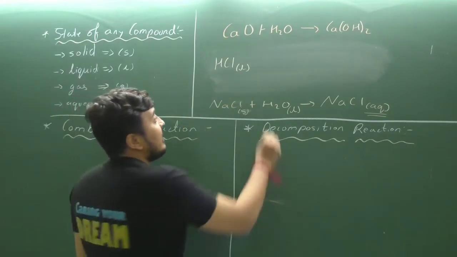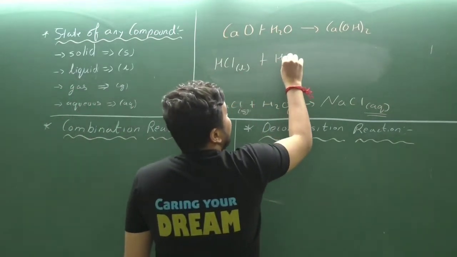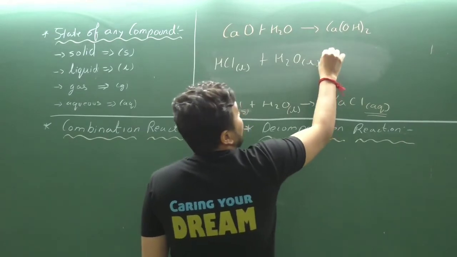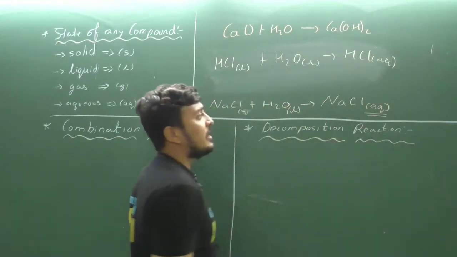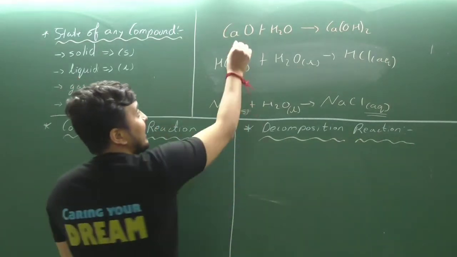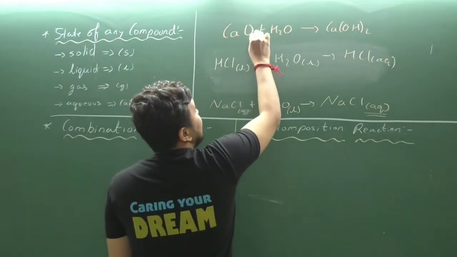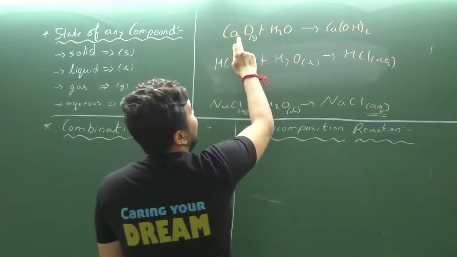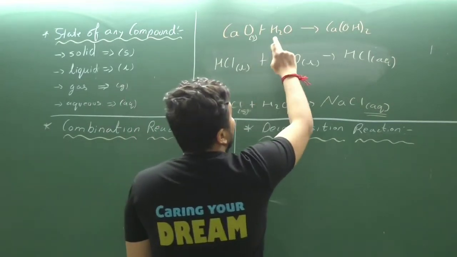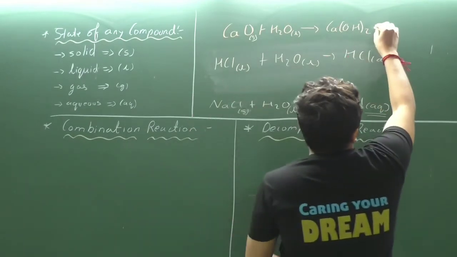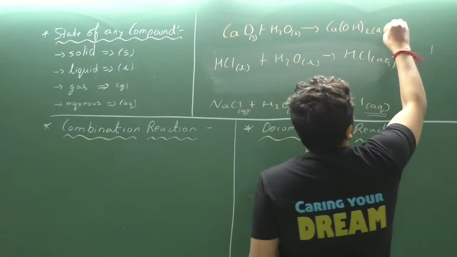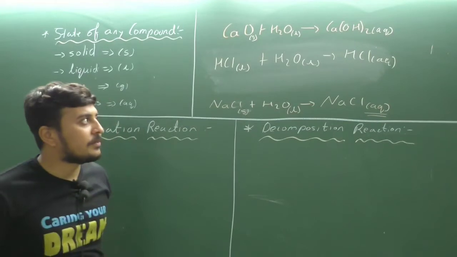HCl is in liquid state, but as and when we mixed it with water, it becomes the HCl solution, that is aqueous solution. Clear? Similarly, here calcium oxide is solid in state, but when it reacts with liquid water, it forms calcium hydroxide solution, that will be in aqueous state.